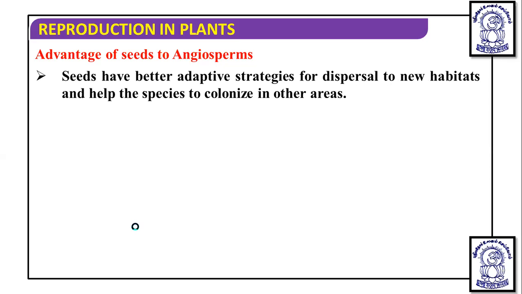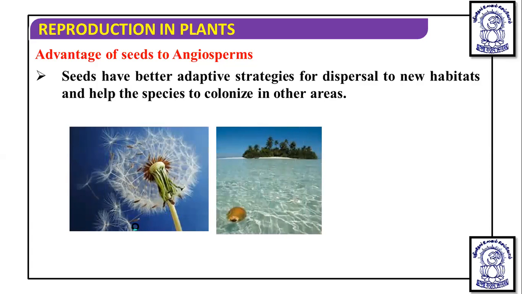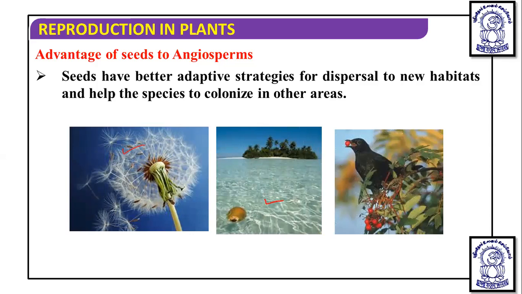So it is possible that they can have different adaptive strategies for the new habitat, and there they can populate the area with that particular species. You can see here, this way different seeds can be released. They can travel through air, they can travel through water as well, and colonize a new habitat.